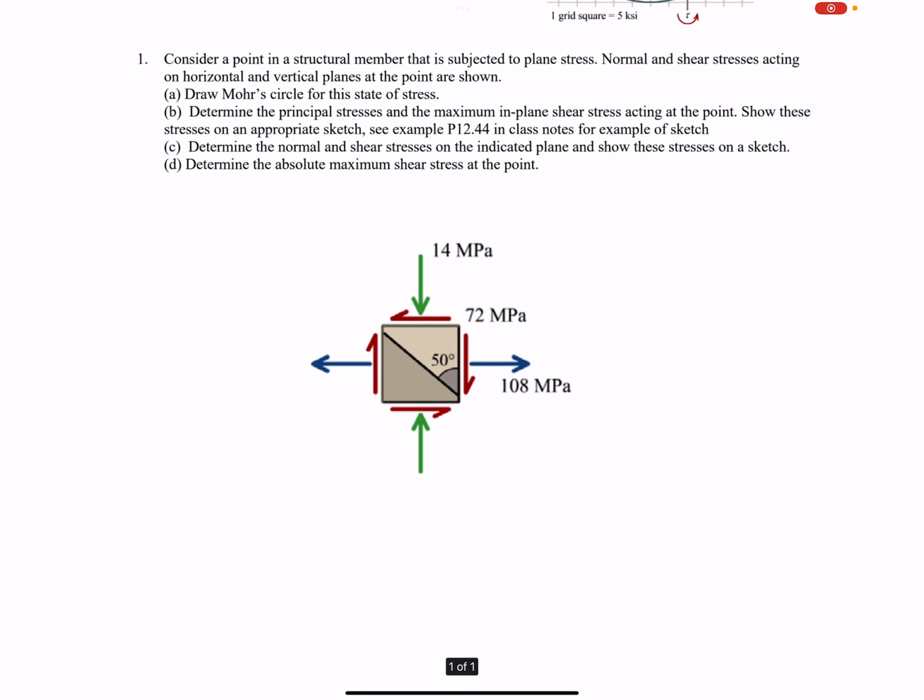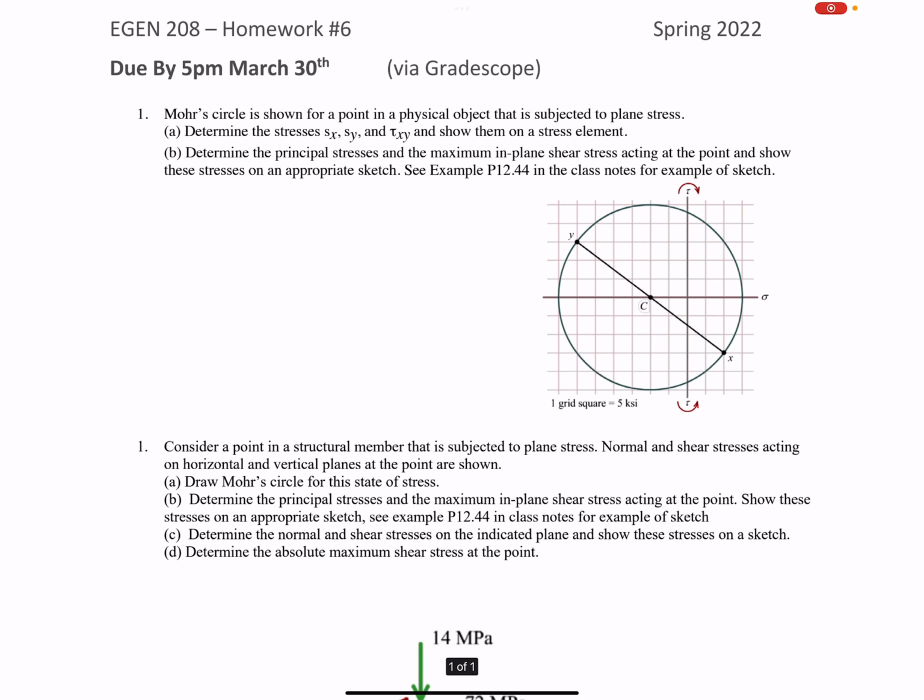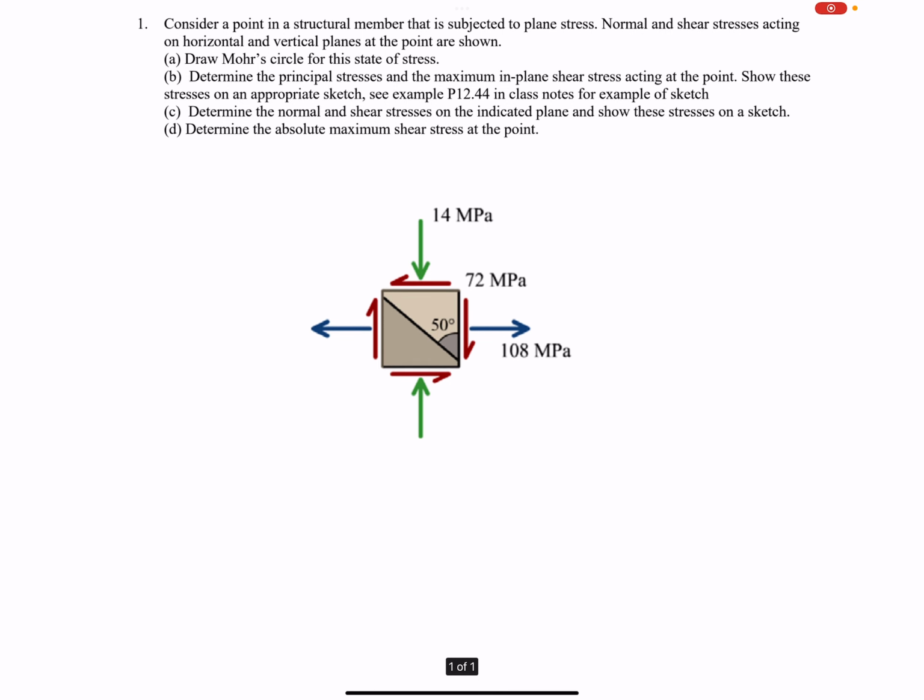This one here? The second number one? You're asking how do you know the direction of the stresses after you do the rotation? Yeah.